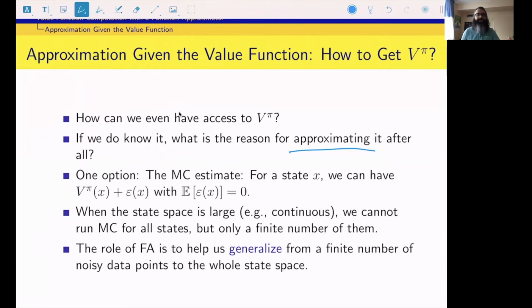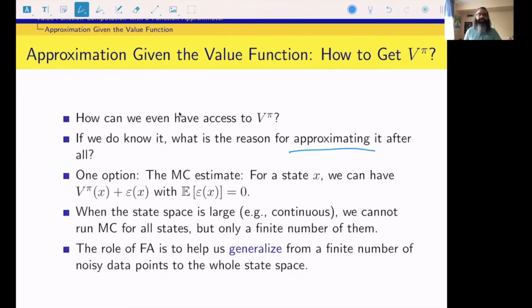So that's another question that you might ask. I'm going to say that, well, these are valid points, but first I'm giving you a way that you can have access to V pi, or at least a noisy version of it, without knowing it for every point, without having an oracle giving you V pi.